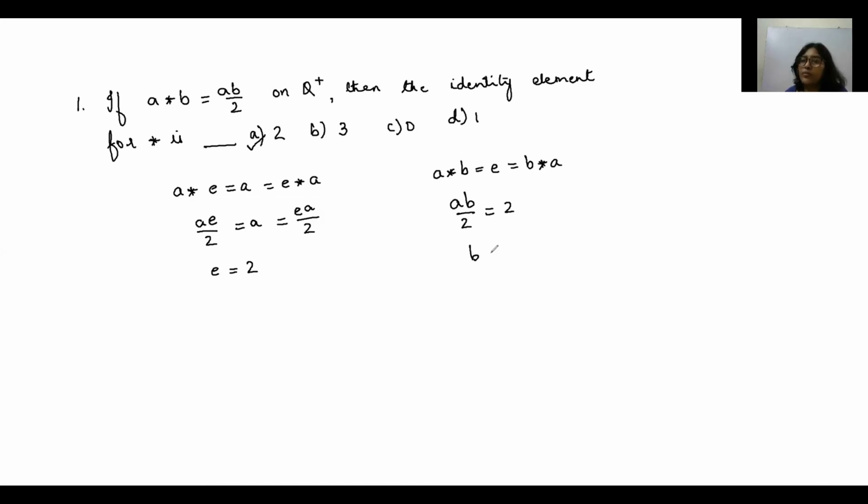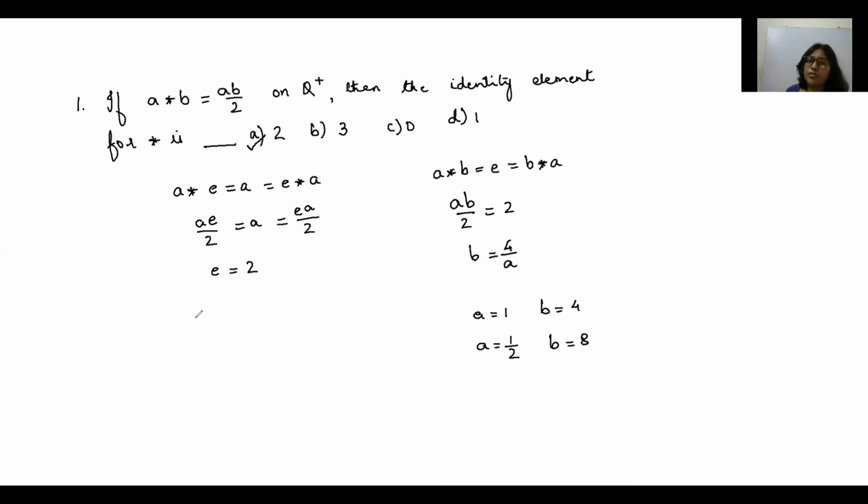The inverse of A is B equal to 4 by A. That means if A is say 1, then B will be 4 by 1, that's inverse of 1 is 4. If A is half, the inverse of half is 8, because it will be 4 by half, so 8. So you take any positive rational number, because that's the domain, you will get the inverse as 4 by A.